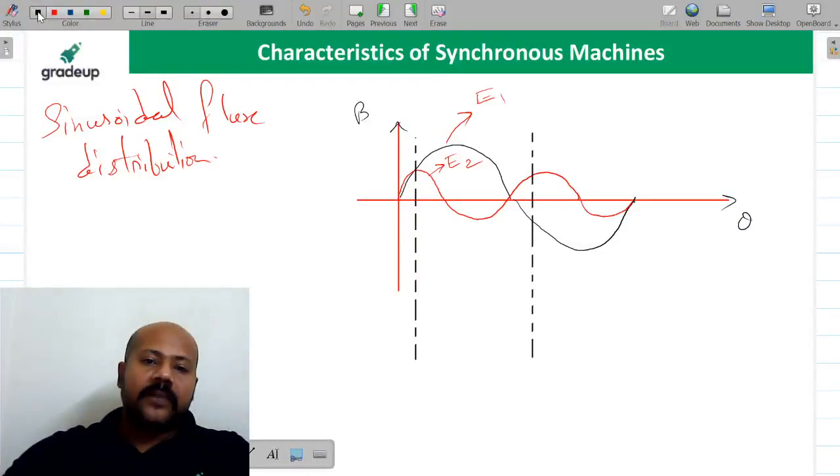So what is happening? Suppose you have a coil like this.